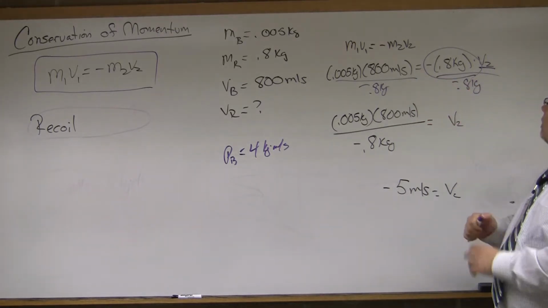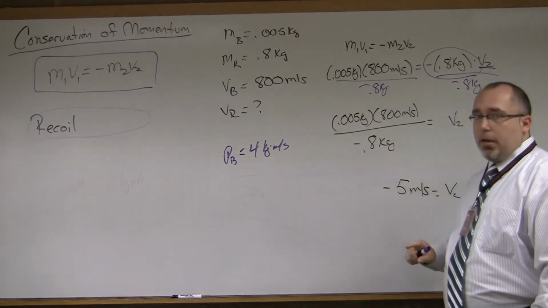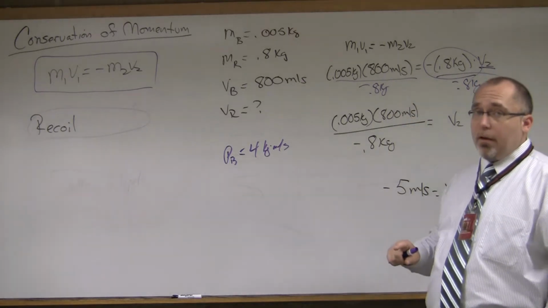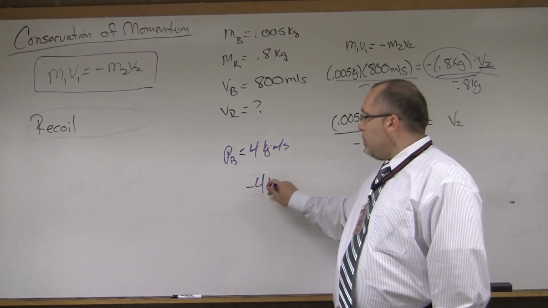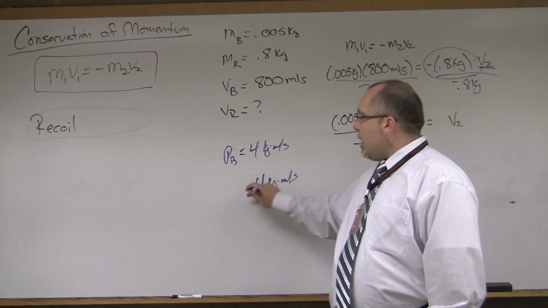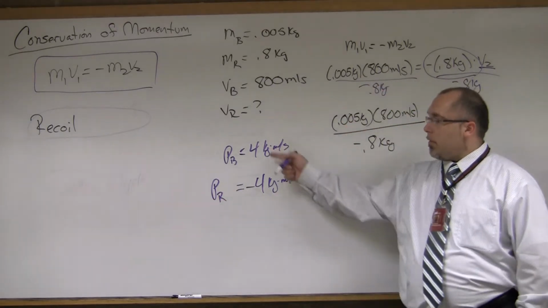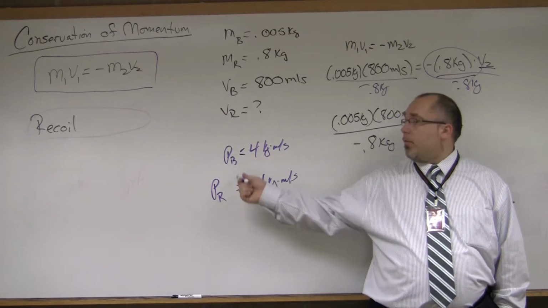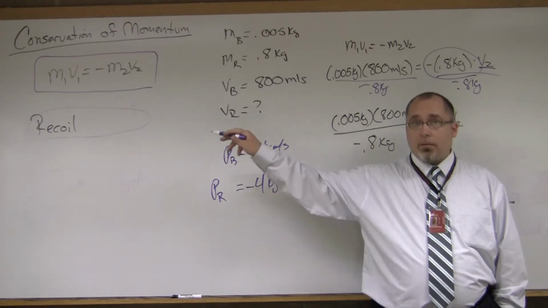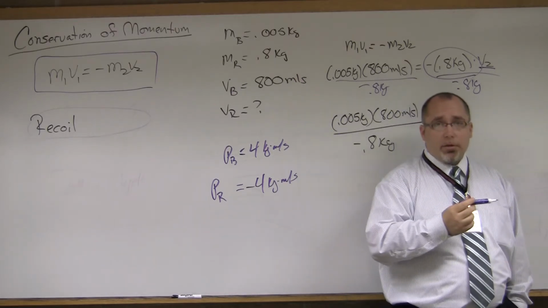We have the mass of the rifle, which is 0.8 kilograms, times its velocity of negative 5 meters per second. 0.8 times negative 5 is negative 4 kilogram meters per second. And that is the momentum of the rifle. So basically they're both 4 kilogram meters per second, but one's positive and one's negative. In other words, the bullet's going in what we assign to be the positive direction, and the rifle's going in what we assign to be the negative direction.